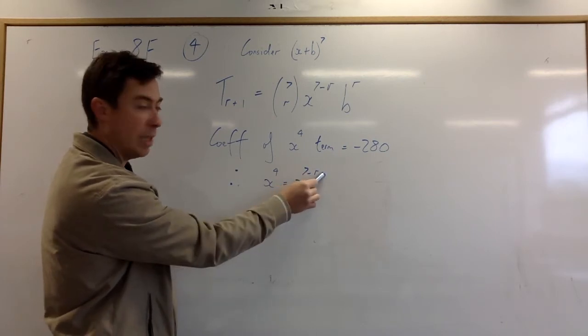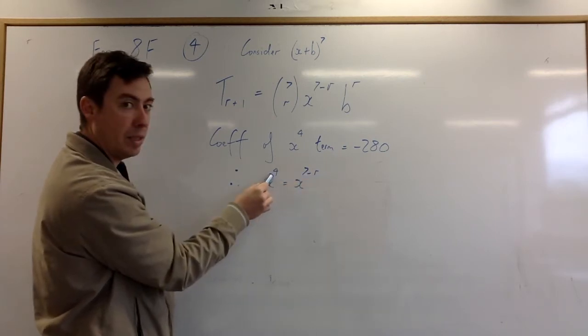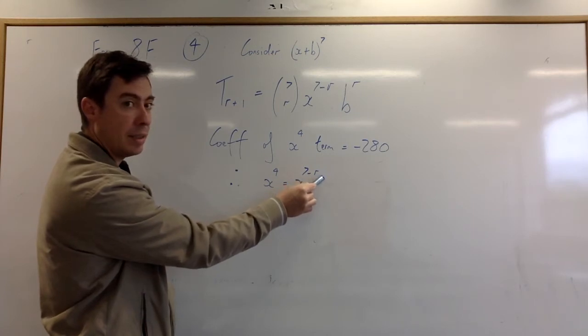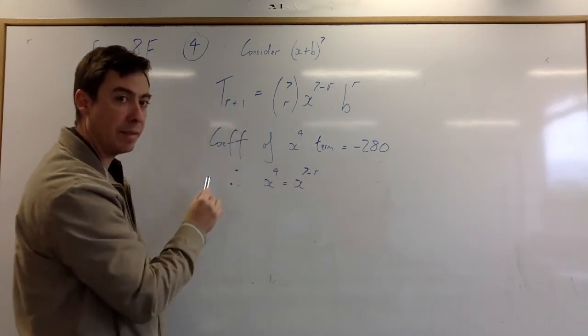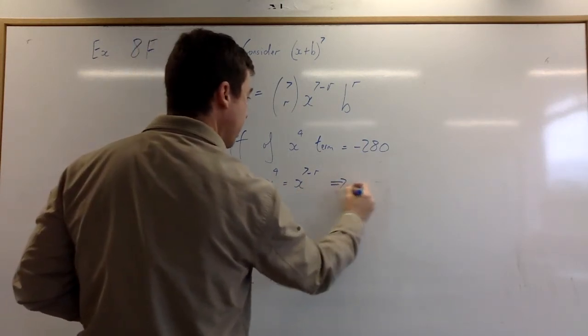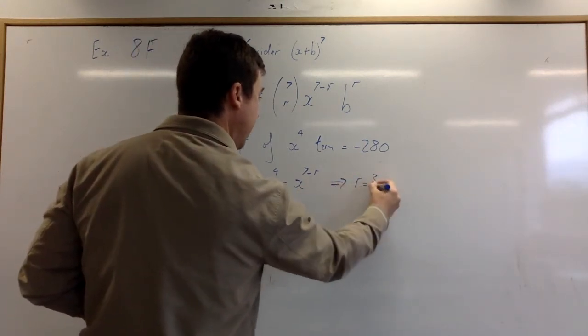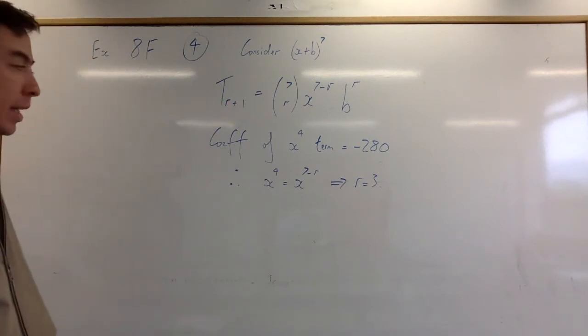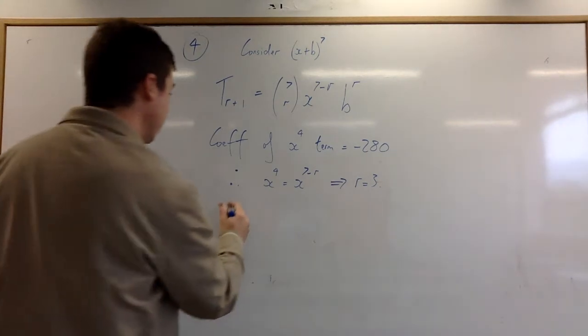X to the power of 7 minus r will have to be x to the 4. So what's r? R has to equal 3. So it follows r equals 3. Now, I said it was the fourth term. Is that right? Let's find out.